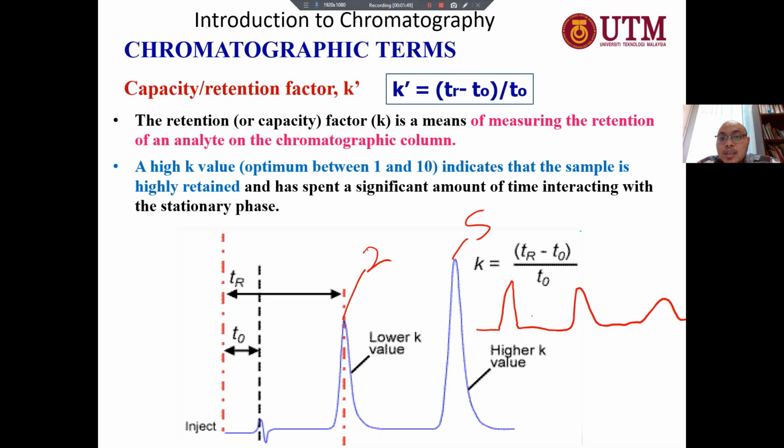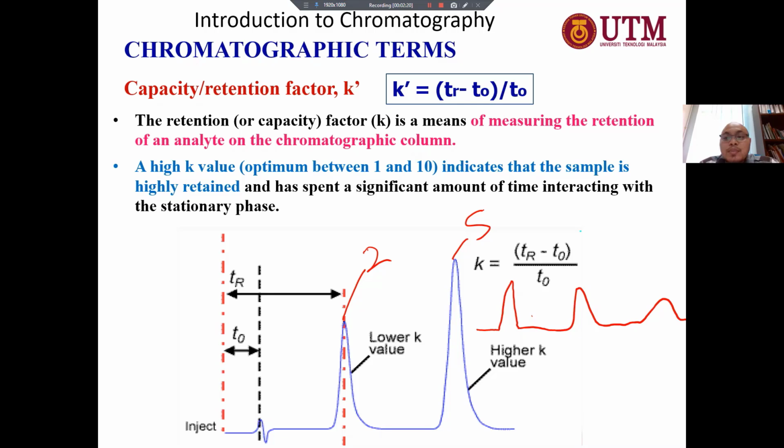How are you going to solve the problem? So we proposed the application of capacity factor, since the capacity factor should be the same when the setup of the instrumentation is the same. The retention time will be different, but the capacity factor or retention factor should be similar regardless of the location of the instrumentation.